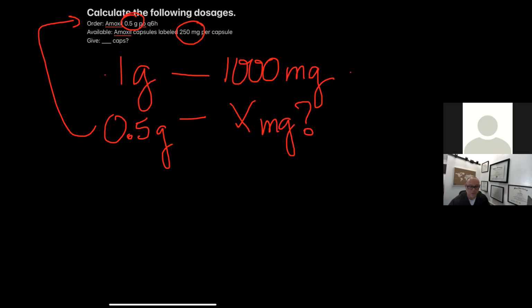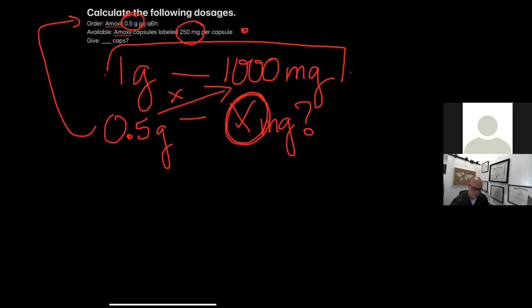The way we solve this is always the same. We multiply diagonally over the empty corner of the equation, over the empty leg, and then out of that multiplication, we do a division.